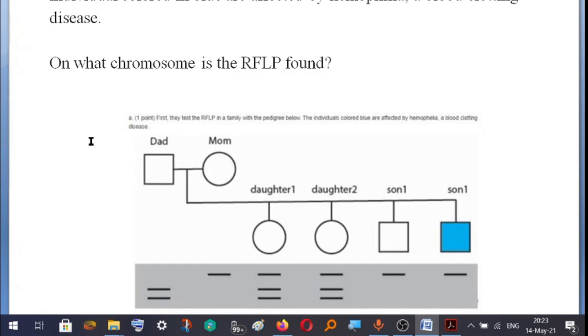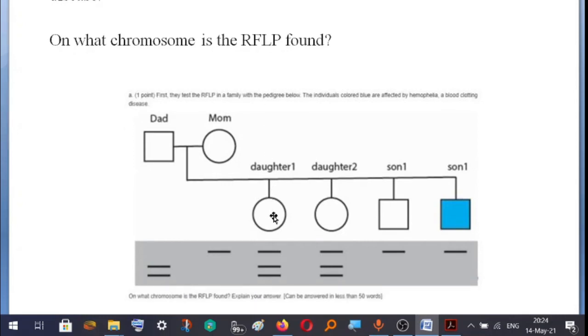We have to tell which chromosome contains the SNP of interest. So here I am using the word SNP of interest because there are a lot of SNPs in the genome, but we are interested in a particular SNP that goes along with the disease, hemophilia.